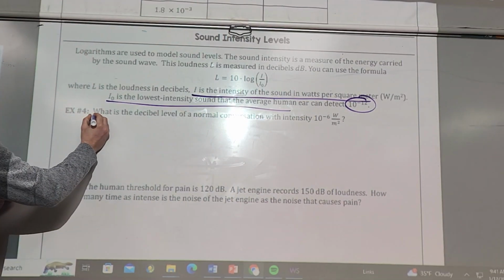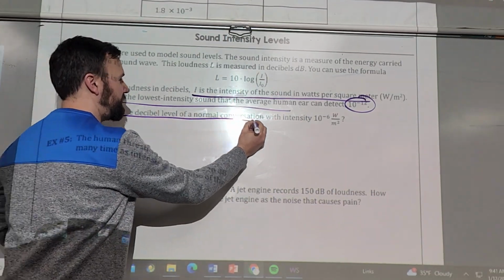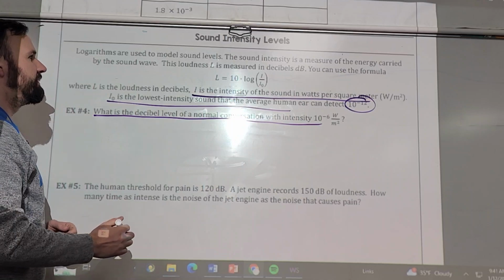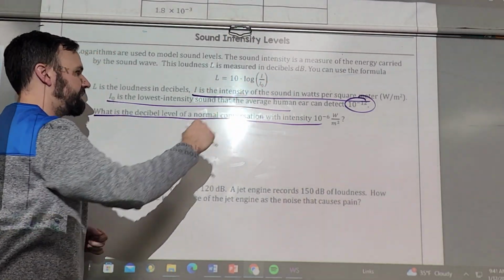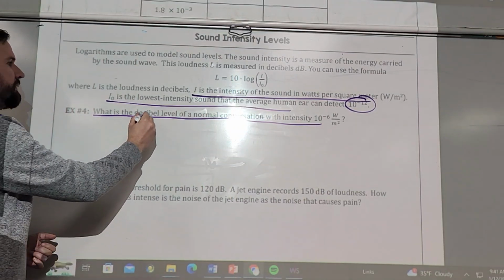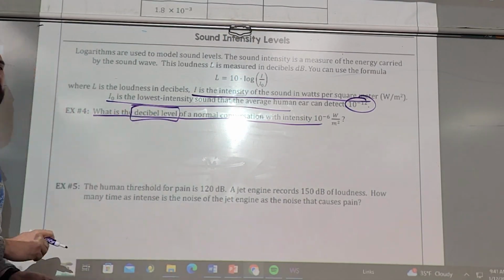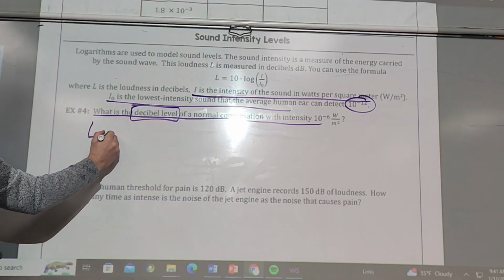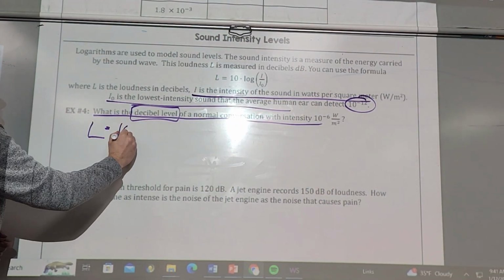What am I looking for on this? What's given to me? What's the decibel level of a normal conversation with an intensity of 10 to the negative 6? I'm looking for capital L, the decibel level. So now let's just plug in.